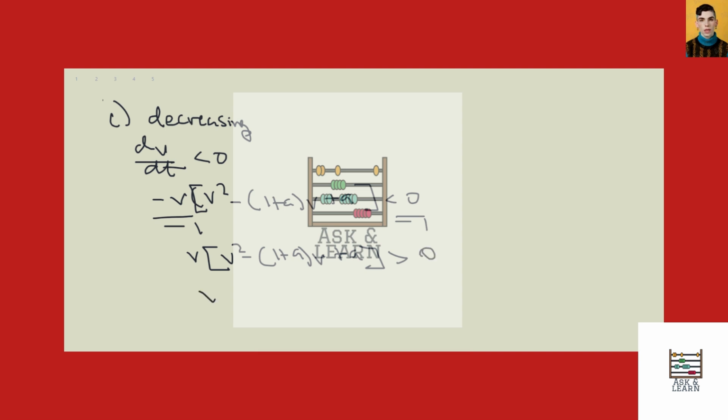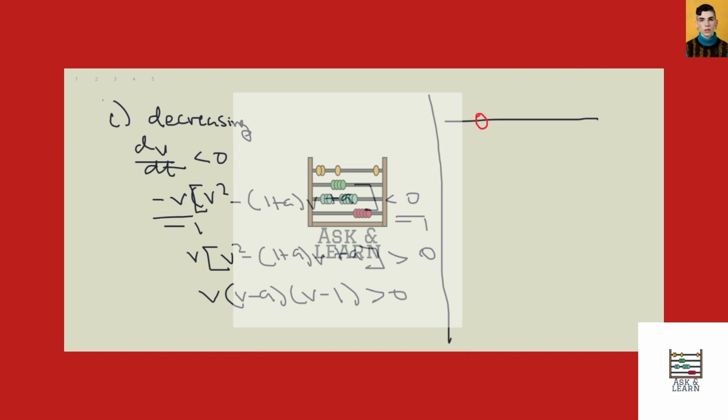If you can recall, when we simplified the expression v squared minus 1 plus a, v plus a, we ended up with v minus a, v minus 1 is greater than 0. And that means we're going to get a new number line, but it's no different from the previous number line since the test points are the same.